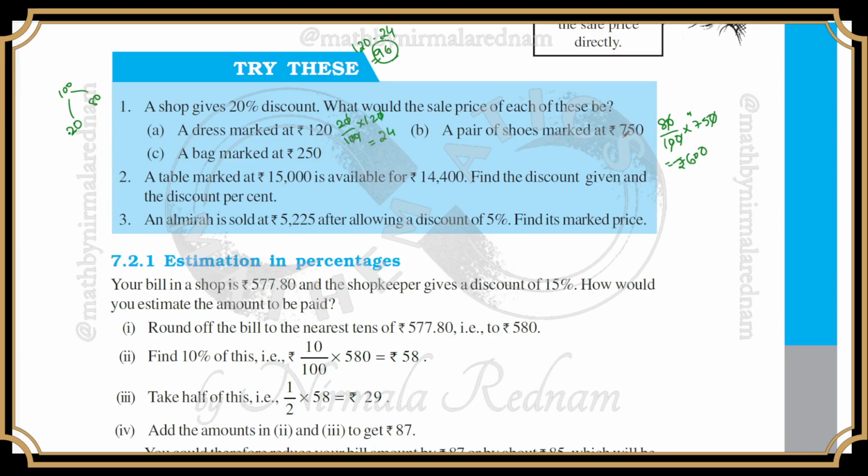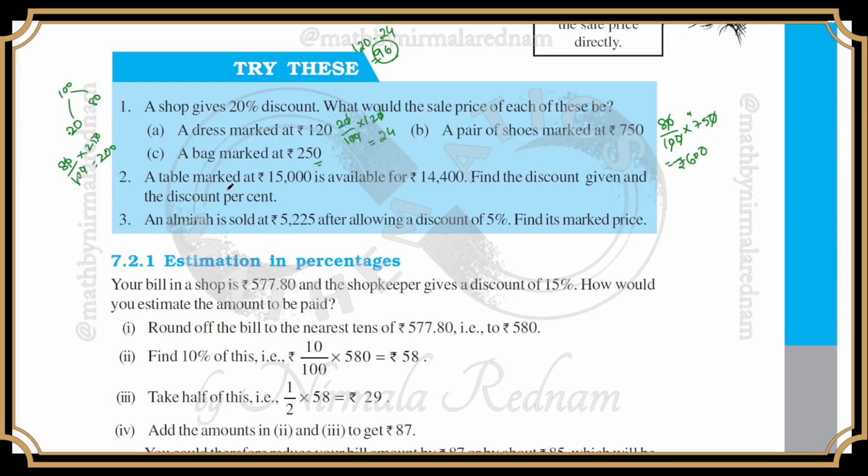That is something marked at 750, I am getting it for 600 rupees. Now again 250, I have to do the same thing. I have to calculate 80% of 250. Again, I'm going to get 200. That means something that is actually marked at 250 on a sale, I'm buying it for 200 rupees, right?